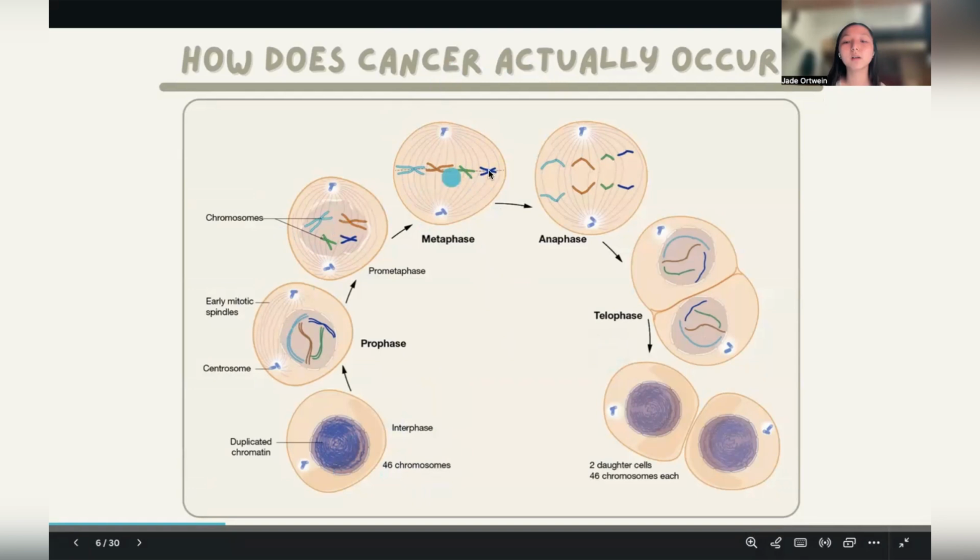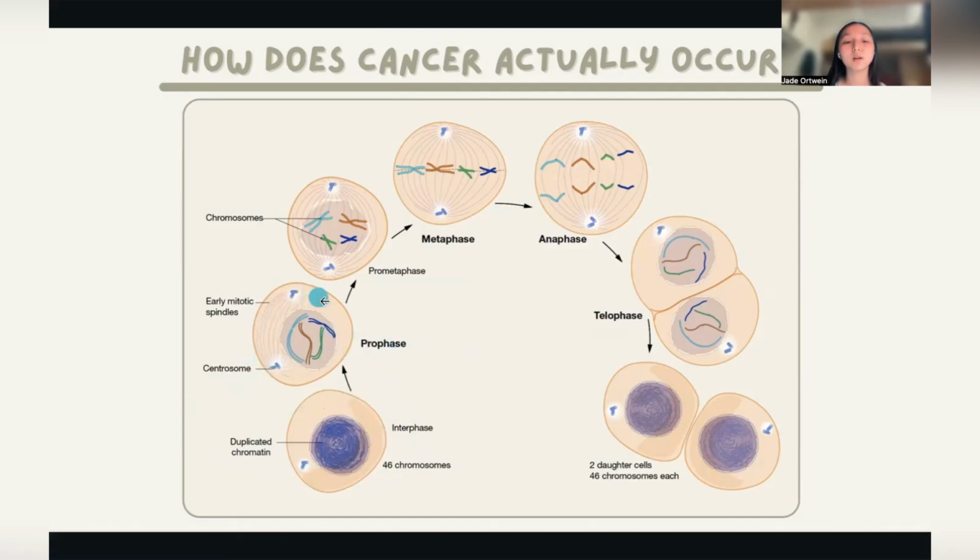So there are these stages of mitosis: interphase, where there's duplicated chromatin; prophase, where the early mitotic spindles start to form; and prometaphase, where the spindles start to attach to the chromosomes, which are made up of DNA; and metaphase, where they line up, preparing to divide, followed by anaphase and telophase.